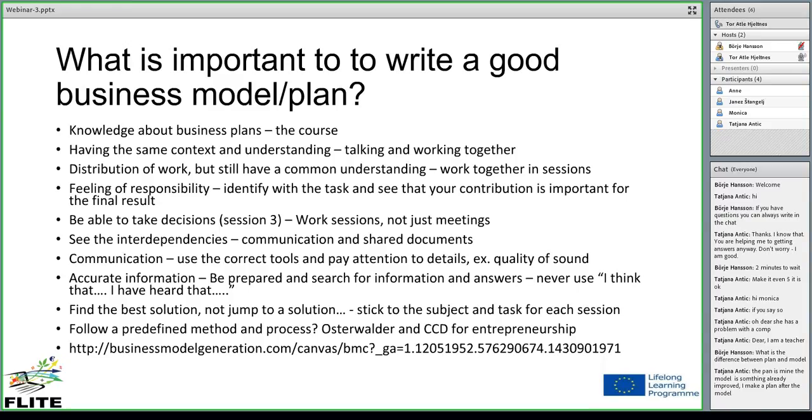Another thing that's important is to try to find the best solution, not jump to a solution. Sometimes people, when they start looking at the topic that's important in the business plan or the business model, jump to some conclusion instead of thinking about who could be the customer segments we want to address with this business idea.